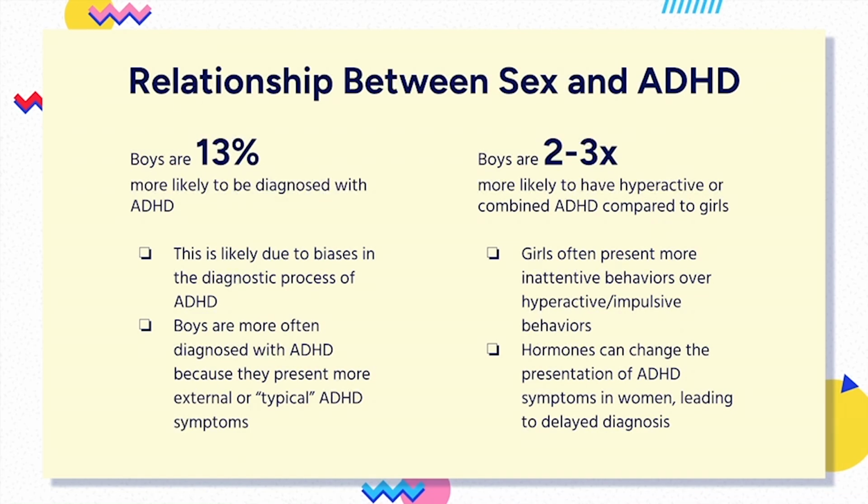But it is true of all individuals that if one presents external ADHD symptoms, they are more likely to receive a diagnosis. We've also seen that girls are more likely to be diagnosed later in life compared to boys. And this could be due to hormonal differences, as when women go through puberty, it can change the presentation of ADHD symptoms.